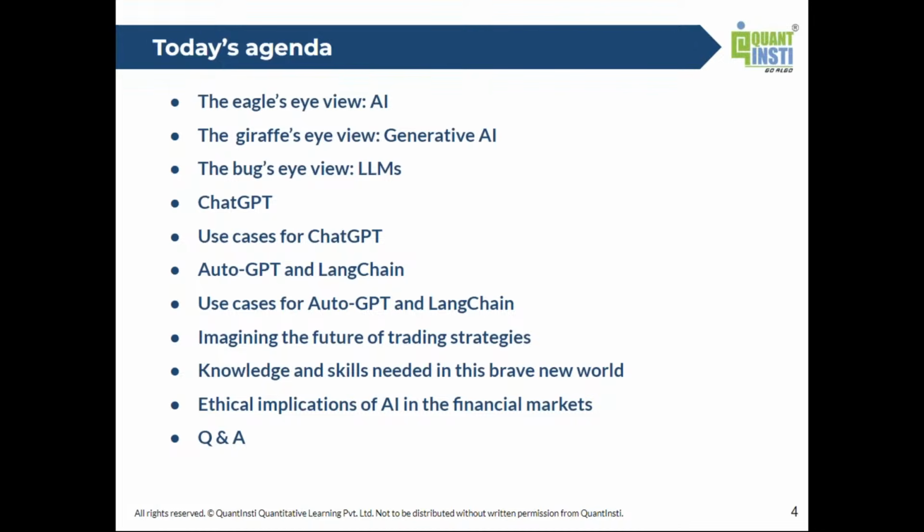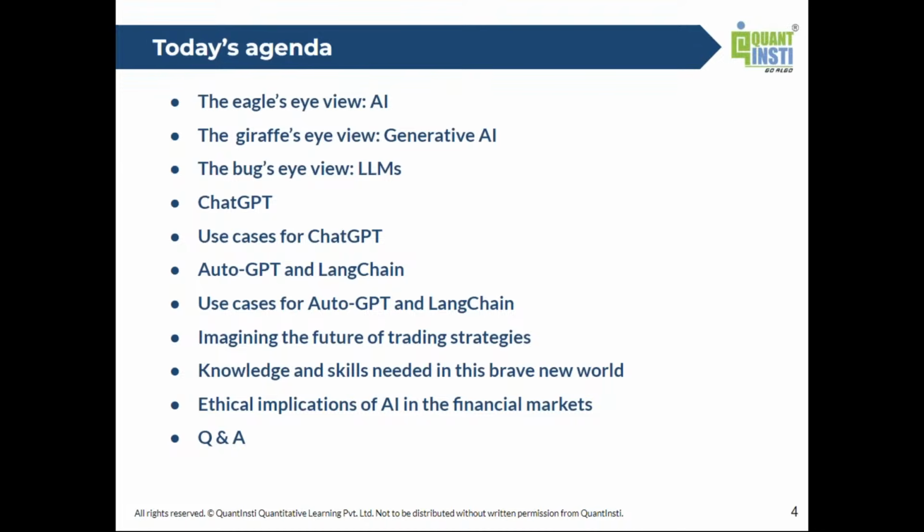And then finally, we get back straight down into the trenches to look at large language models, which is LLMs, and more specifically, ChatGPT. We'll talk about use cases for ChatGPT. All of the illustrations I'm going to talk about pertain to financial markets and trading. Not just trading, even a little bit of research.